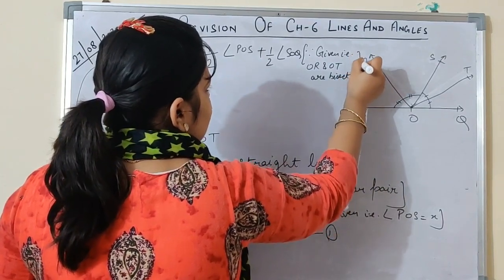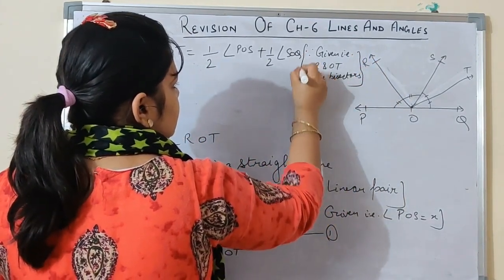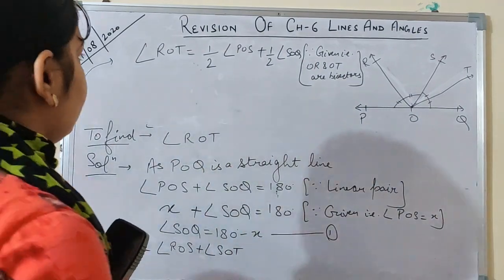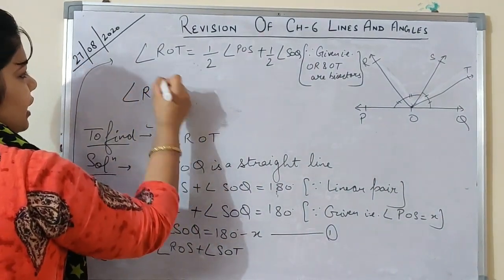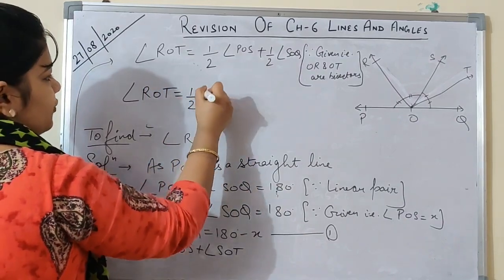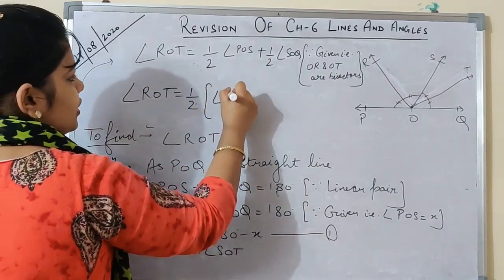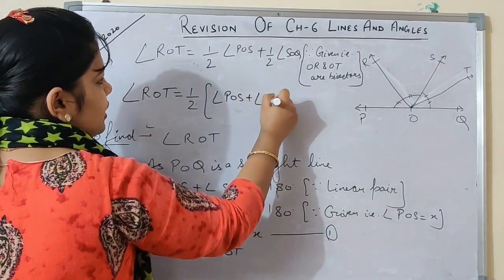That's why we have written it like this. Is this clear? After that, what will we write? We will just write angle ROT as it is. Then we will take half common from here and we will get angle POS plus angle SOQ.